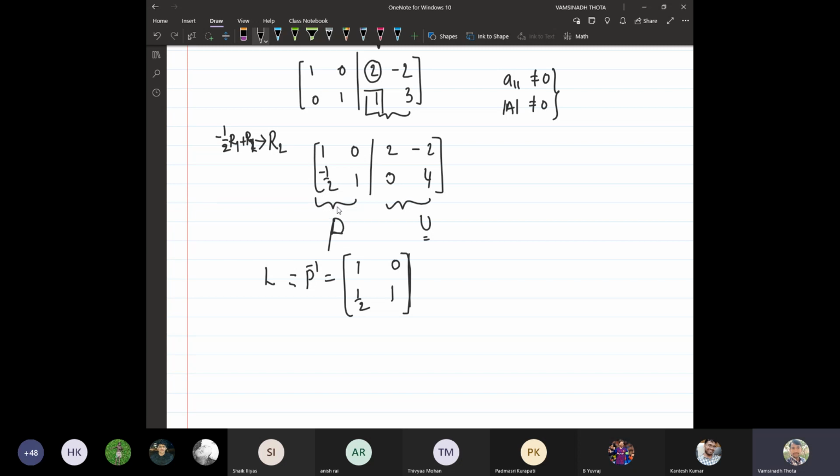Suppose you want the decomposition to be in this format, like L into U prime, where U prime needs to be the unit upper triangular matrix, but L is simply a lower triangular matrix. Then you can do the pivoting, and respective changes come here.